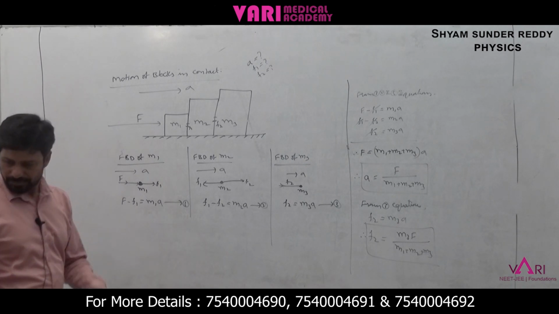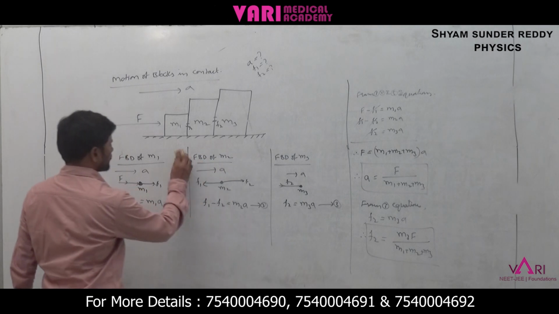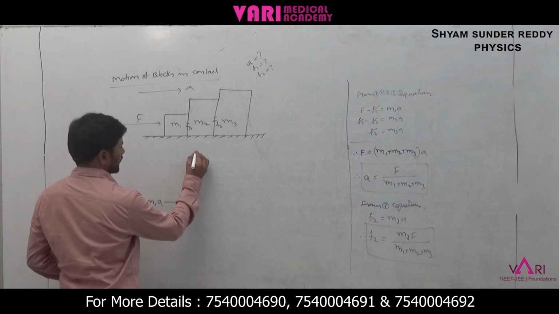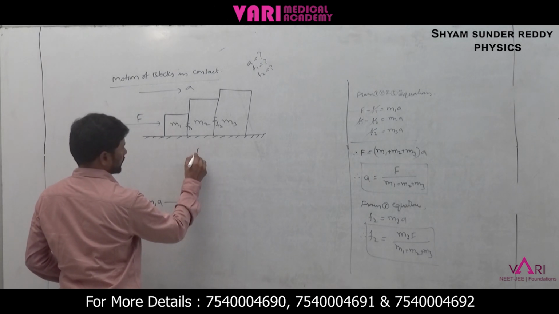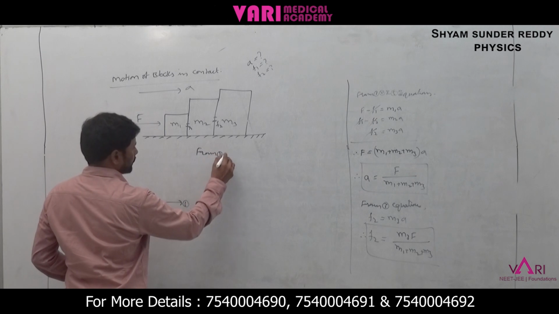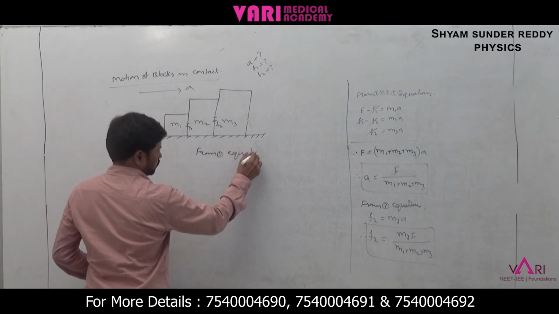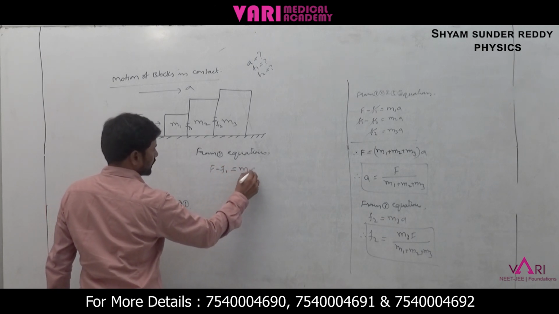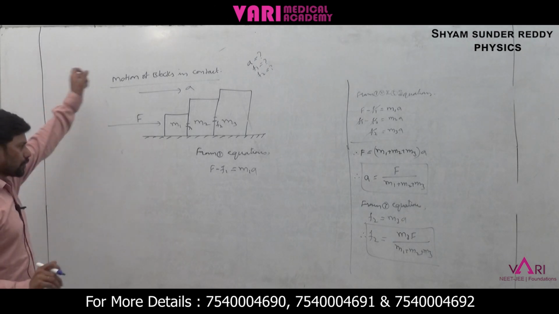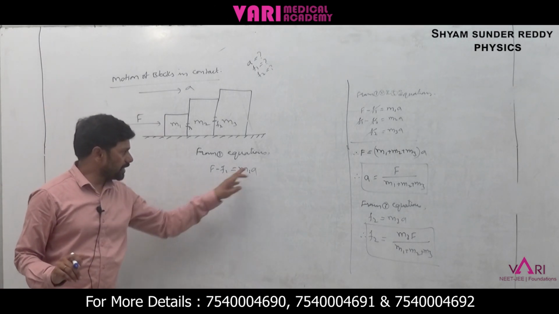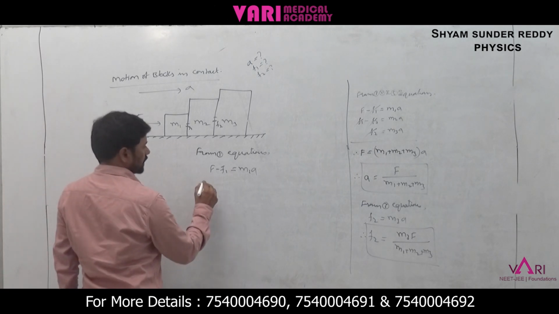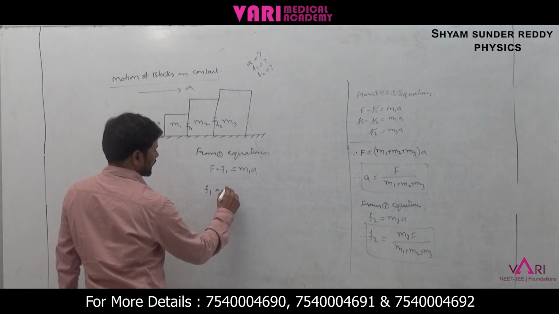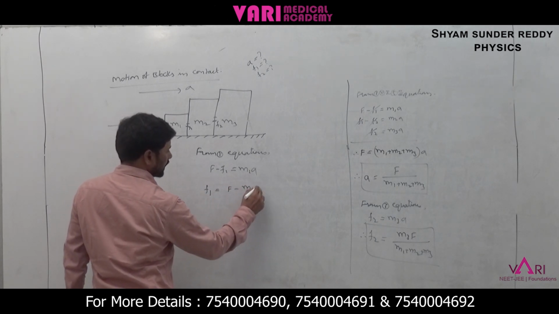Next, we want F1. For this, we can take the first equation. From the first equation we have F minus F1 is equal to M1A. So substitute the A value in this equation: F1 is equal to F minus M1A.